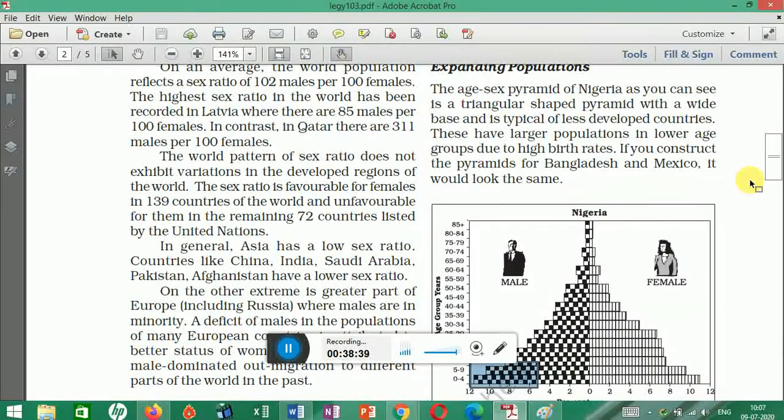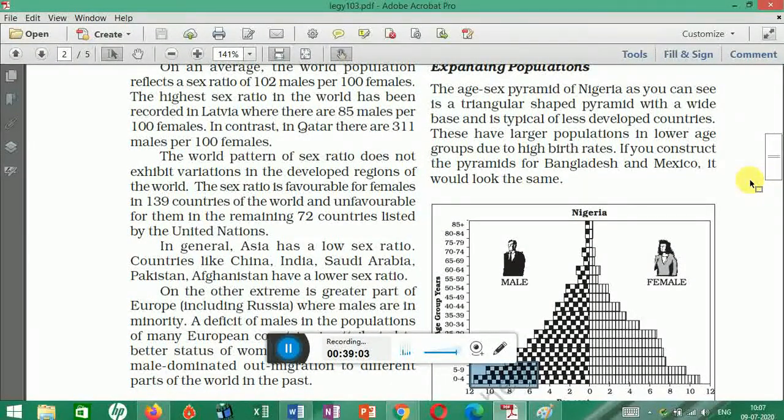Such a sex pyramid is mainly found in the less developed countries of Africa and Asia. In these countries the proportion of children is very high, and it implies that the birth rate is very high.